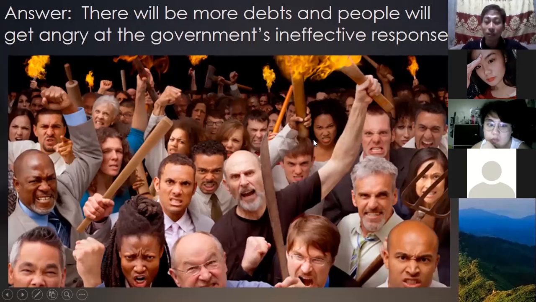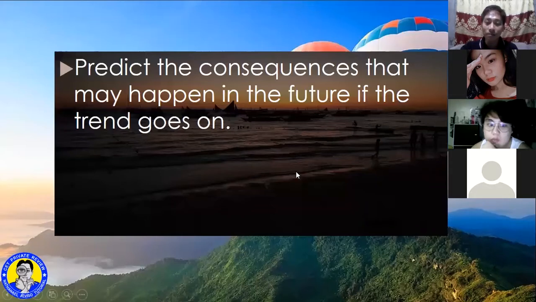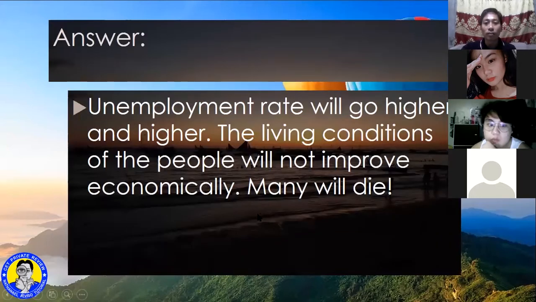So probably that will be your response. Like the motorcycle barrier, after everyone bought the motorcycle barrier, Secretary Anyo said, oh, it's no longer needed. See? A lot of riders get angry with that. Okay? So you predict the consequences that may happen in the future if the trend goes on.